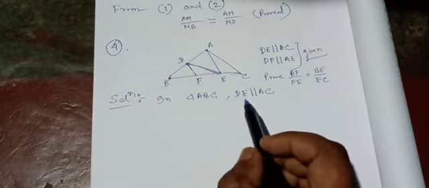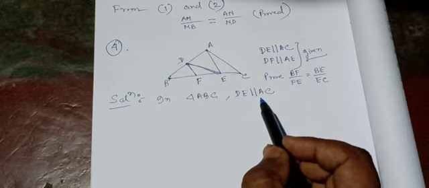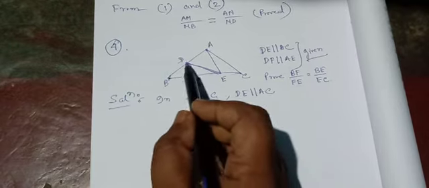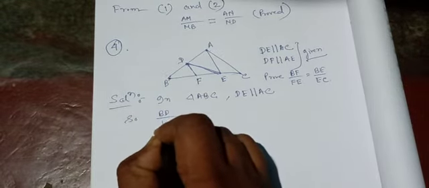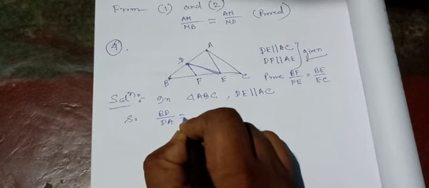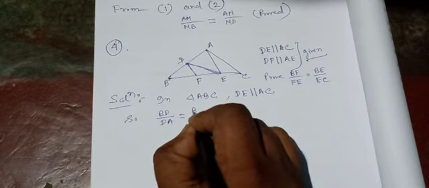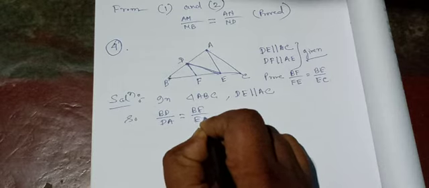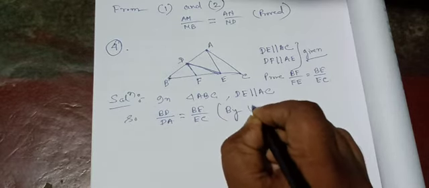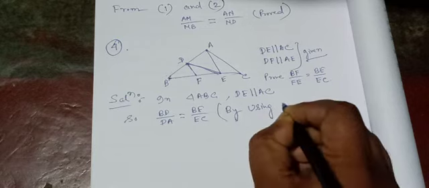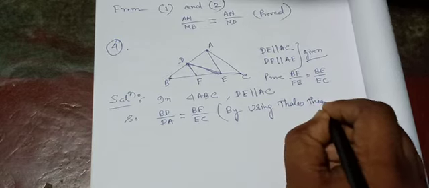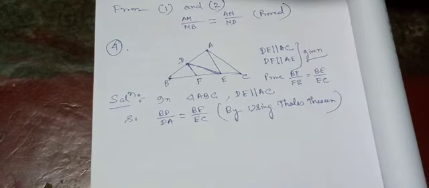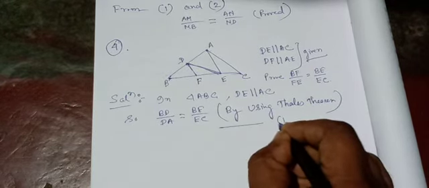Since DE is parallel to AC, we can write that BD by DA is equal to BE by EC, by using Thales theorem. This is my equation number 1.